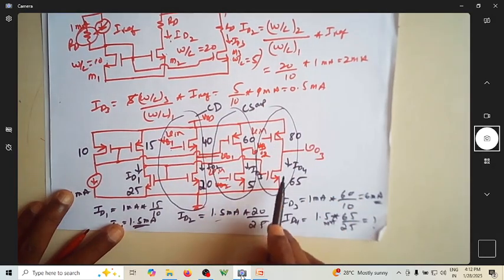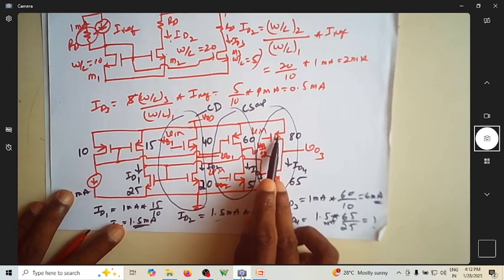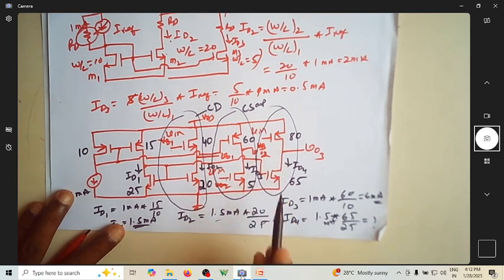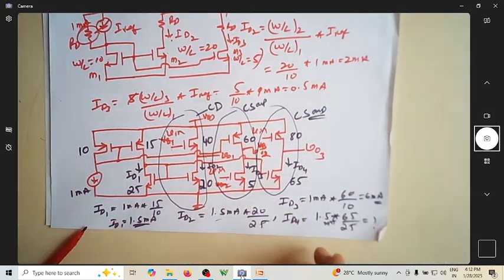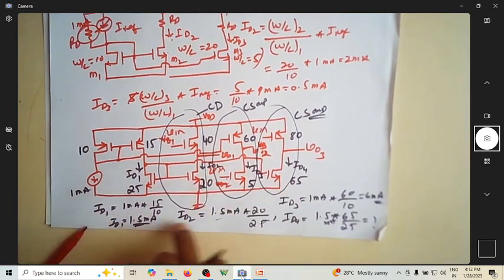Here the input is given to the PMOS transistor and the output is taken here; this is also a CS amplifier. So this is CD, CS, CS, and these are the currents flowing in different stages.